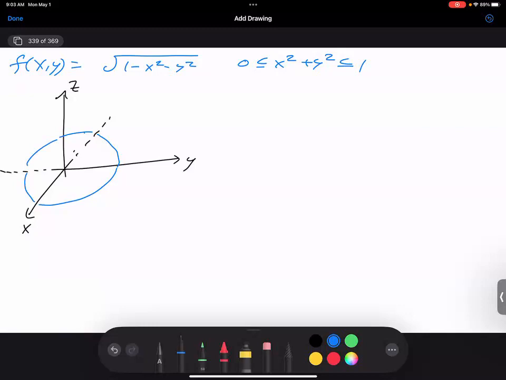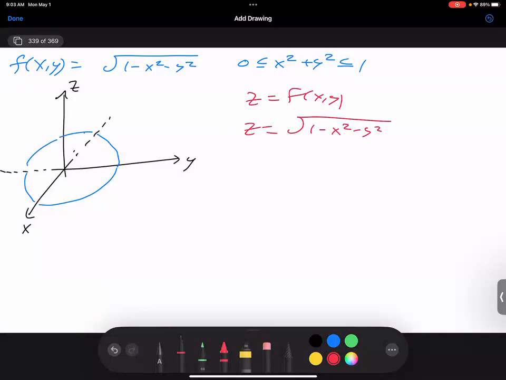It'll be a dome, but it's a very special dome. If z is equal to f of xy, so z is the square root of 1 minus x squared minus y squared.